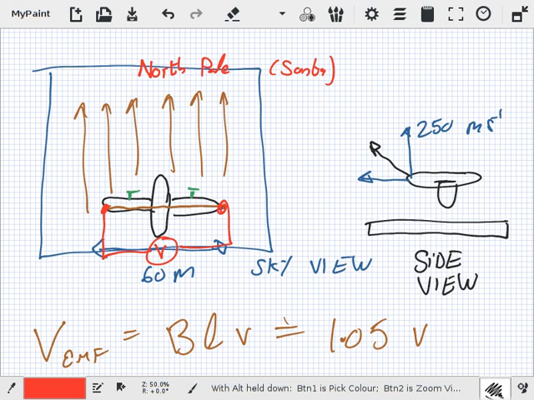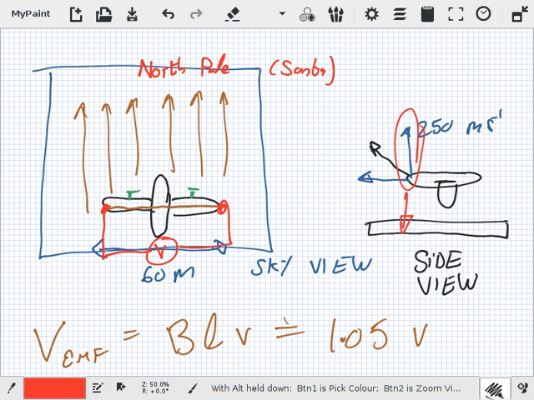When the plane is at cruising altitude, when it's reached its top altitude, because you only get the voltage as it's climbing or if it's descending, because the area is changing.